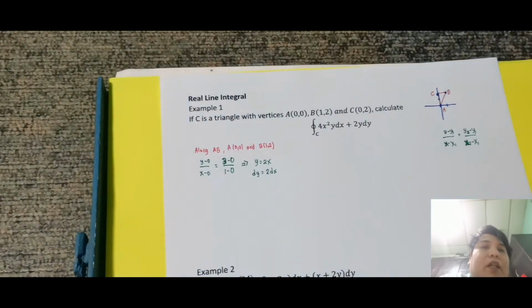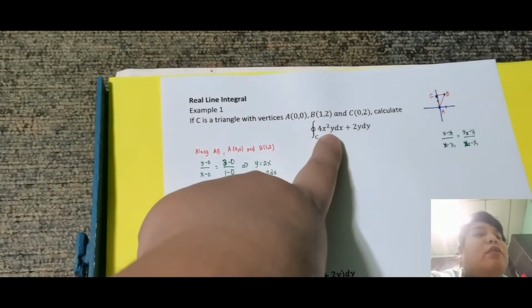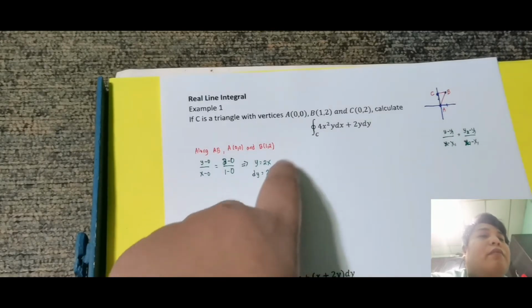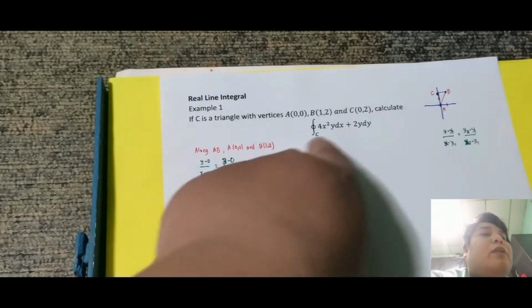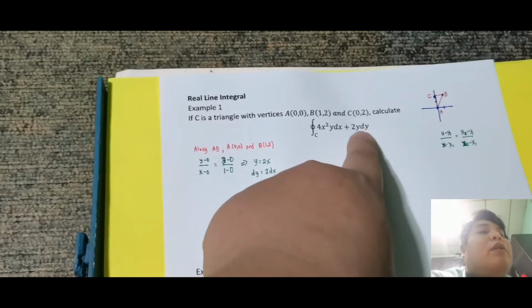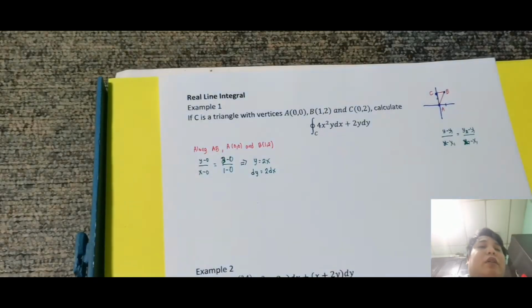Next, lahat ng value na meron tayo, y is equal to 2x, substitute natin doon. Yung y papalitan ng 2x, yung dx mariretain, at yung dy papalitan natin ng 2 dx.